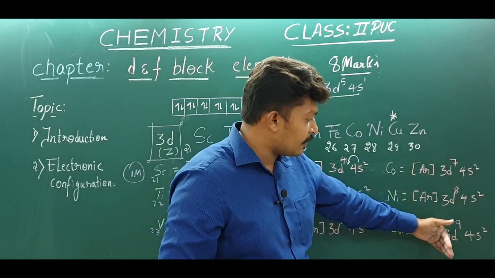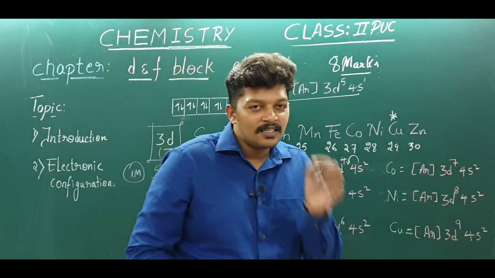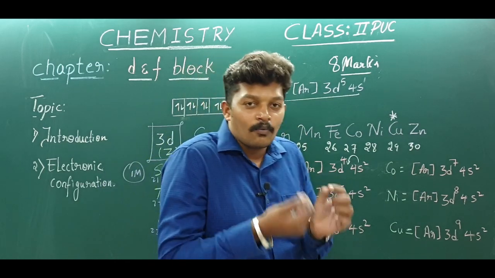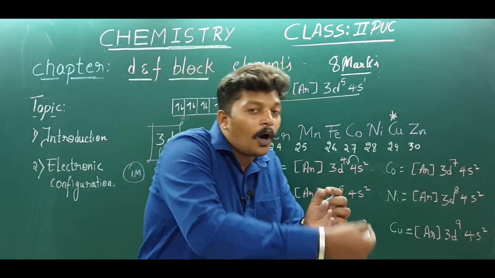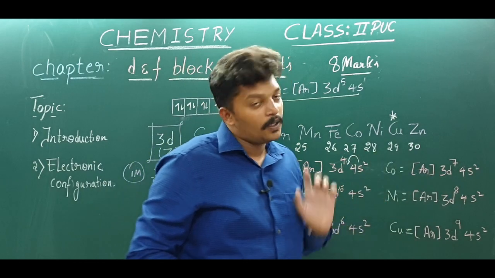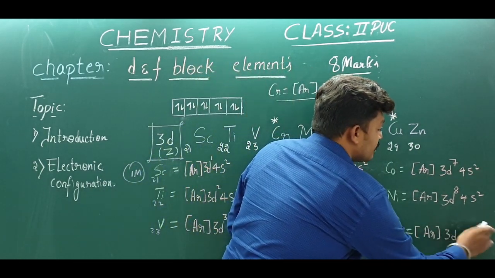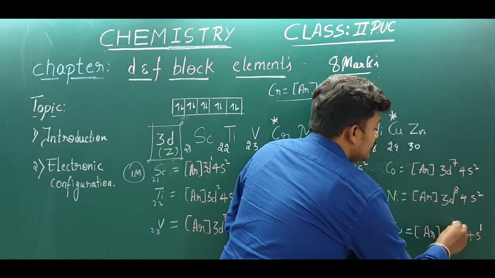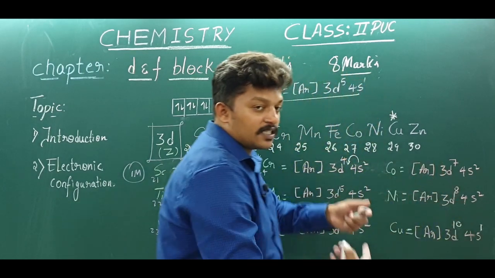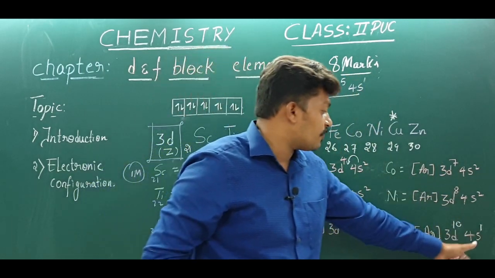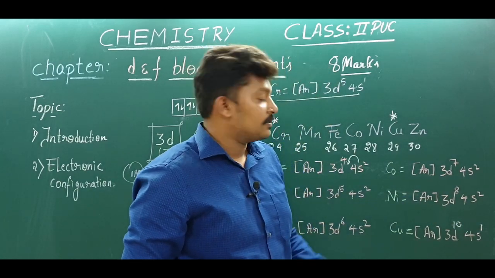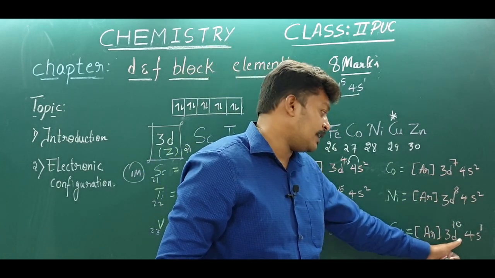Here full is required, it has 3d9, just a shortage of 1 electron. What happens? It will borrow that electron from 4s, then it becomes 4s1, 3d10. It just borrows 1 electron from 4s to 3d, so that it becomes stable, 3d10, 4s1.